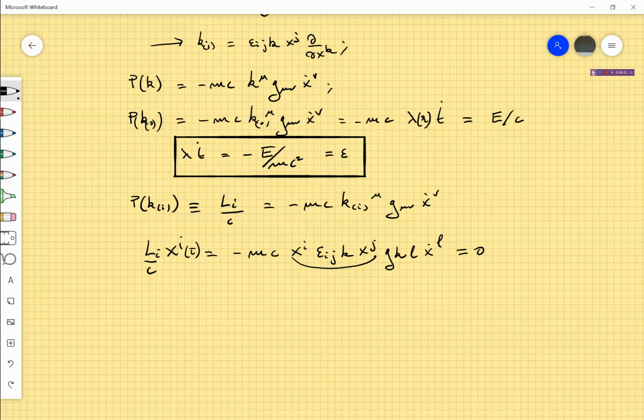So if I have this vector L, I know that the motion will take place in this plane.